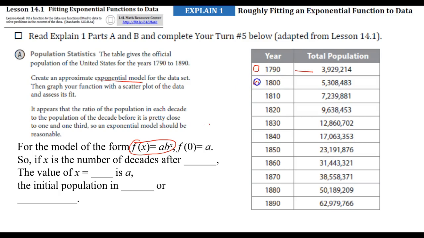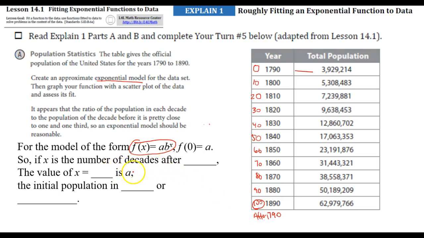The next value would be 10, and it just keeps going up. 0, 10, 10 plus 10 is 20. Adding another 10 would be 30, 40, 50, 60, 70, 80, 90, 100. And these numbers just mean the number of years after 1790.